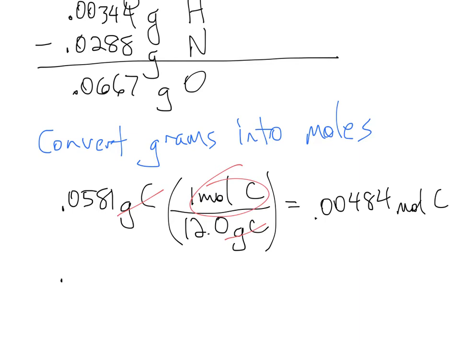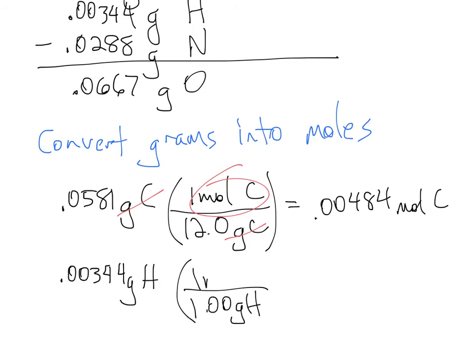For the hydrogen, it's 0.00344 grams. The atomic weight of hydrogen is just 1, so every 1 mole of hydrogen weighs 1 gram. But it's very important to get into moles. Even though that didn't mathematically change your number, it converted from grams into moles.